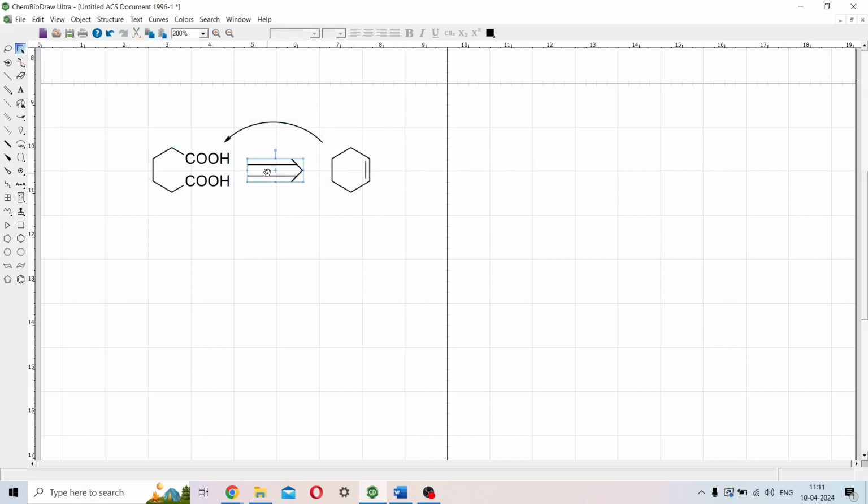But how to generate this? Can we think in terms of dehydration of alcohols? So can we start from this compound?